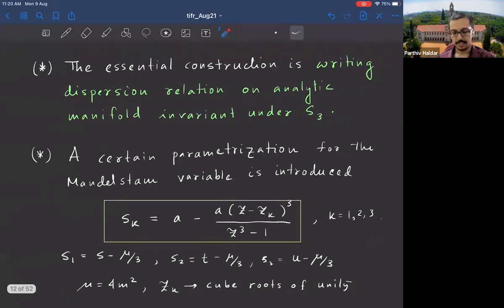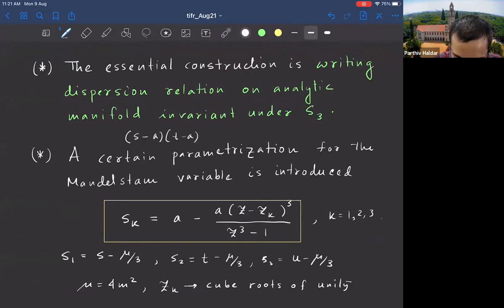The essential construction consists of writing the dispersion relation on an analytic manifold which is invariant under S3. This analytic manifold usually is of the form of a cubic, of the form s t u with a constraint. It is on this manifold that you write down the dispersion relation.